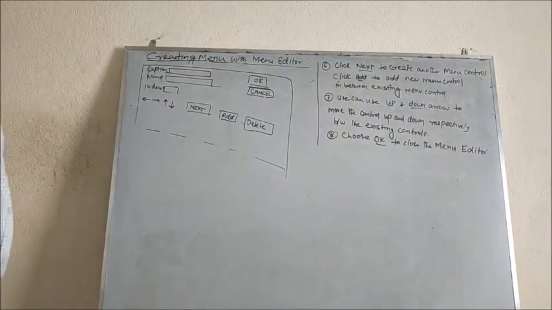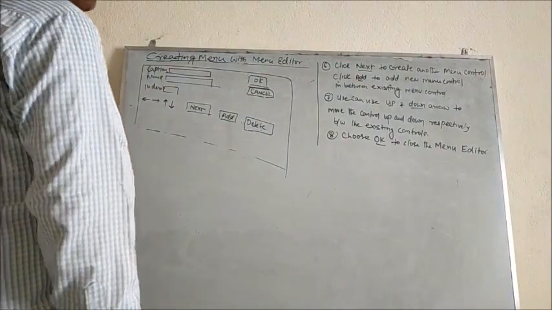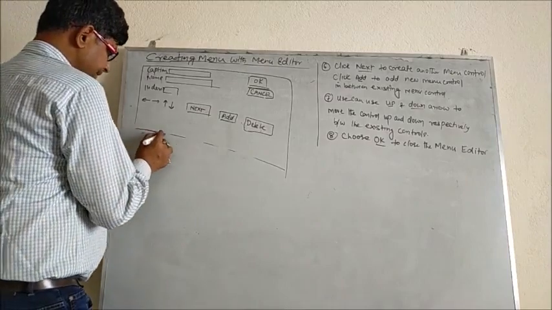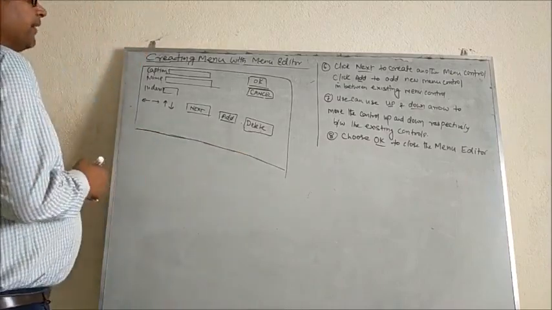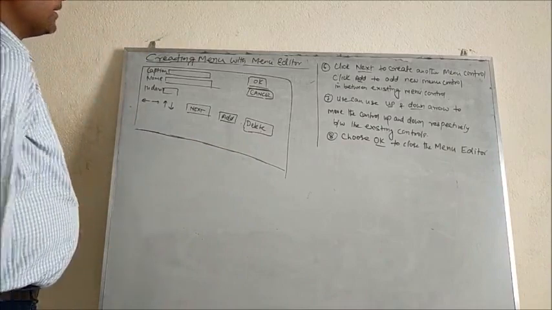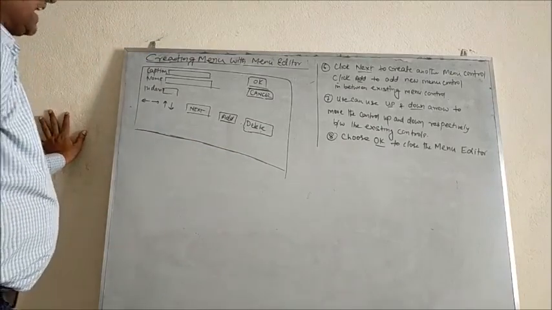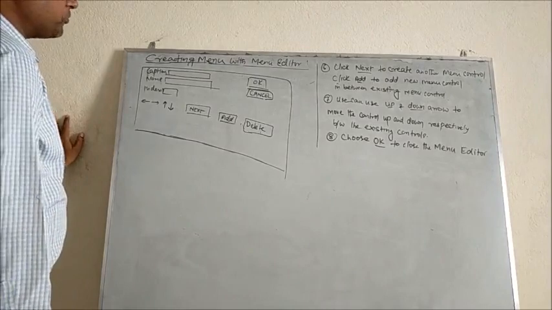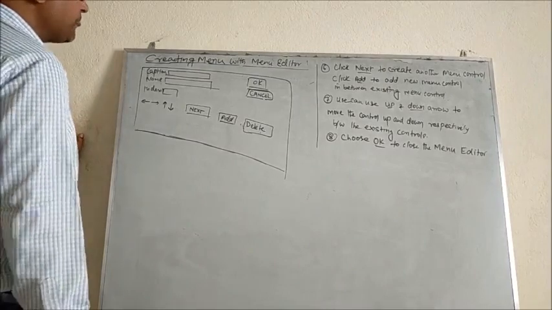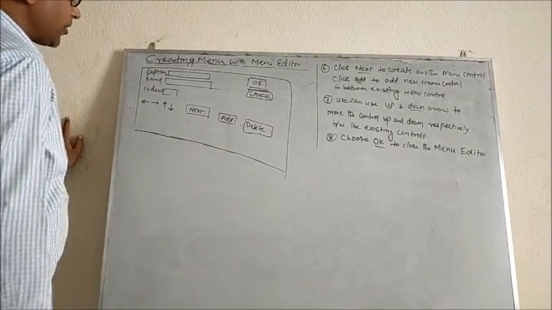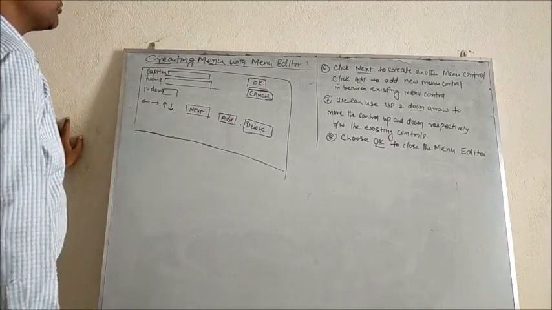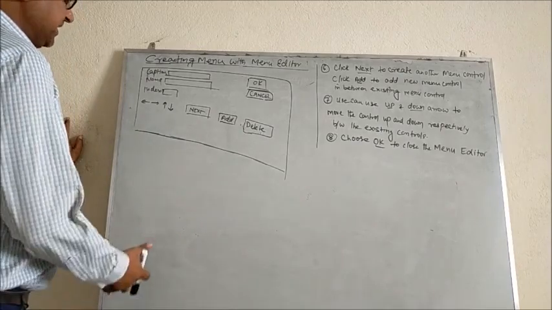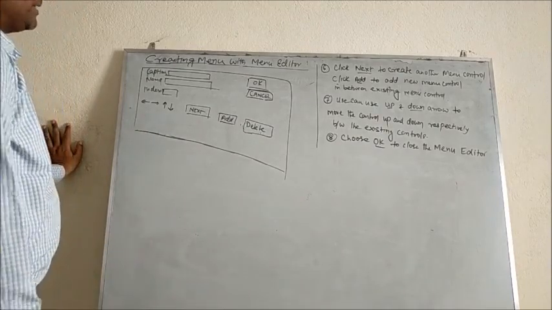Okay. The 6th point is that, again I have taken some part of the framework of this menu editor: click Next to create another menu control. See, if you want to create another menu control, you can go for the Next option. The Next option will facilitate you to create another new menu control which is appended with it, right?